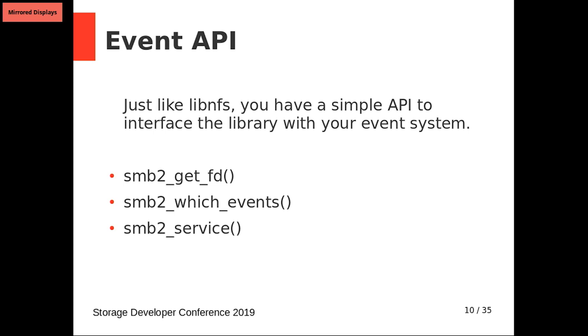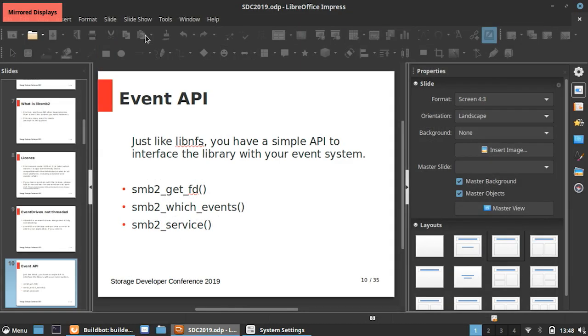As with my other projects, it has a very simple API to plug into your event system. You have a function call to get the current file descriptor that is used, a function call to get which events, basically poll in or poll out, to wait for, and if any of the events happened, you have a service function to call to tell the library to do whatever needs to be done.